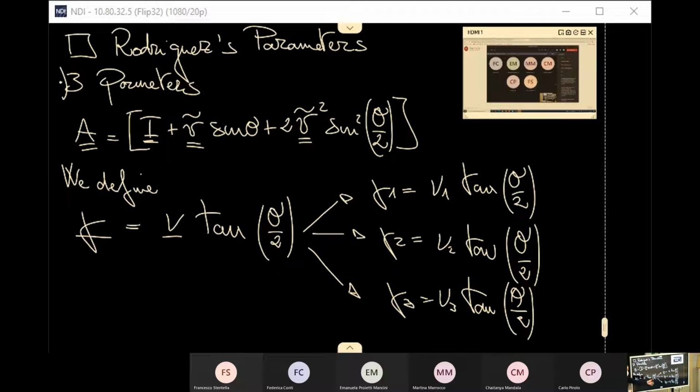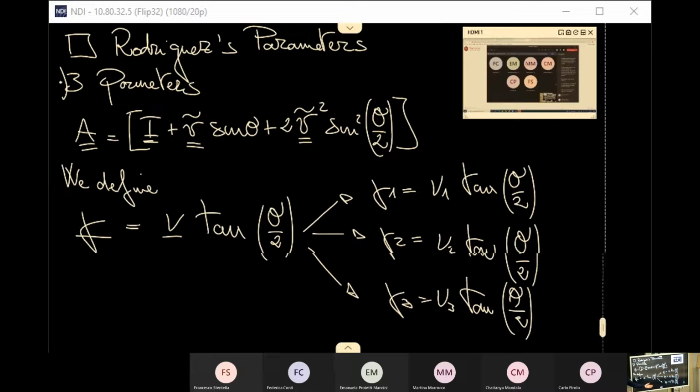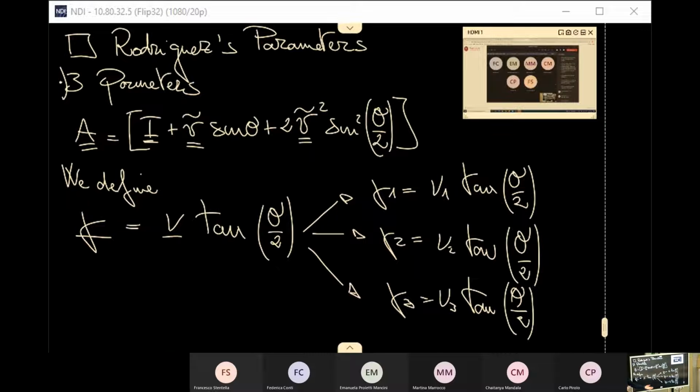For what values of the angle theta can you guess we have a problem? Well, when we have the singularity of the tangent. Pi divided by 2, right? Plus minus pi divided by 2. For the overall angle theta, of course, it's plus minus pi.